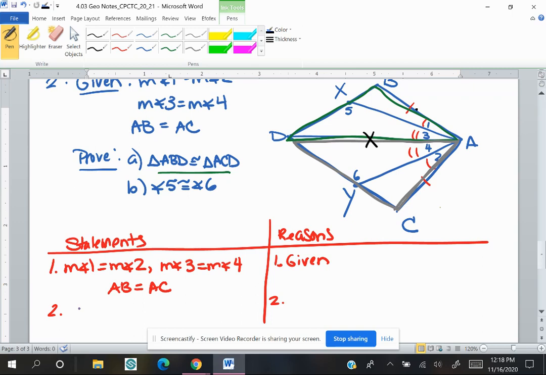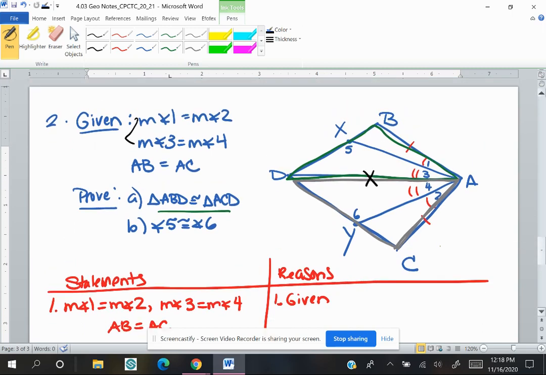Now looking at my picture, I see I've got a side over here. AB and AC are each a side in the two triangles. Now I have a second pair of sides, which is AD congruent to itself. But I need something else. And I haven't used all my givens yet. I still have these two pairs of angles that are equal to each other.